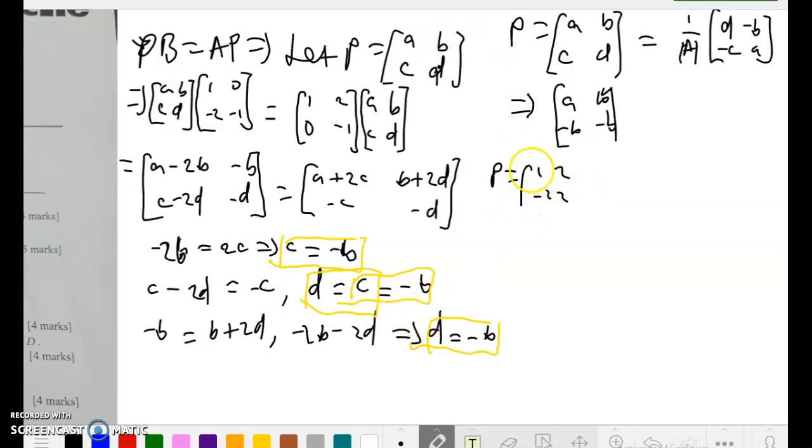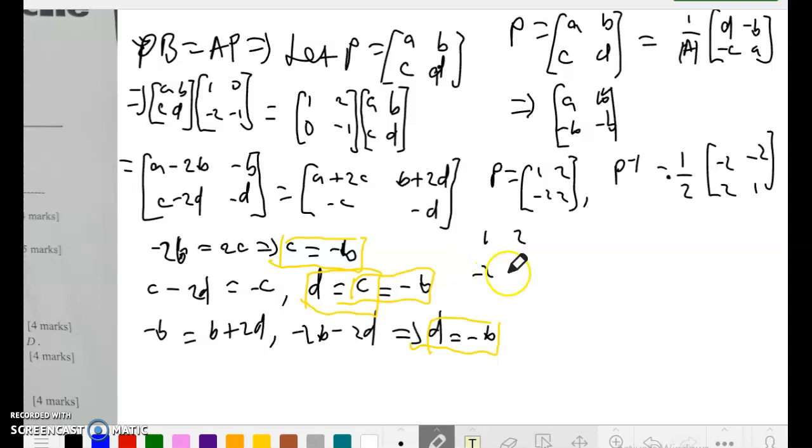This matrix B now, we are going to look for the P inverse. The P inverse will simply be 1 over 2 divided by negative 2, like I have shown here. We have negative 2, 2 and 1. So that will end up with 1, 2, negative 2, 2, negative 2, 2, negative 2, 2.